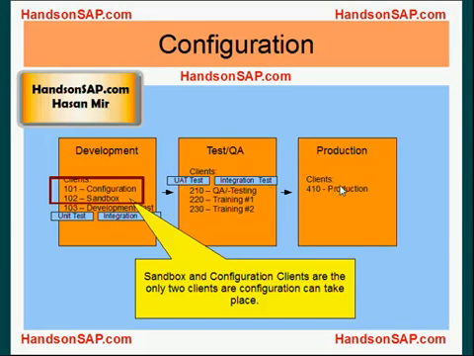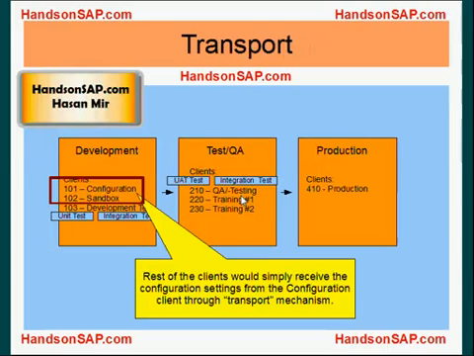None of the other clients should be allowed to have their configuration tables changed, because configuration settings are going to be transported from the configuration client to everywhere else. The rest of the clients simply receive configuration settings through the transport mechanism, as I have been repeating many times in this tutorial.